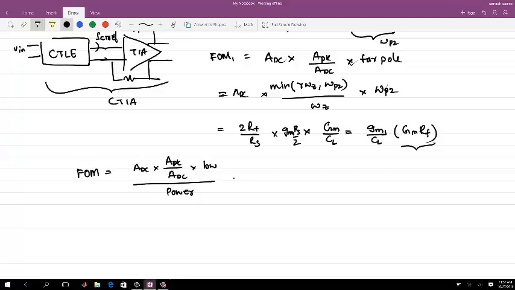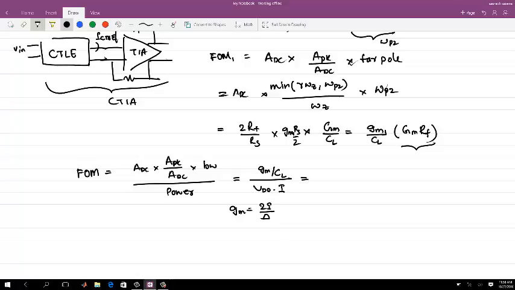All these things we have seen for the previous case was GM by CL, right? And I am considering power is equal to VDD into I. Now the relation which we know already is that GM is equal to 2I by delta in my system, meaning the gate overdrive which I am maintaining for the speed and the gain region is the same.